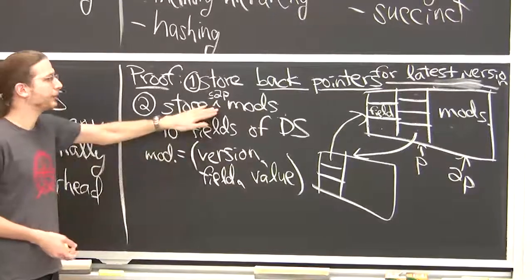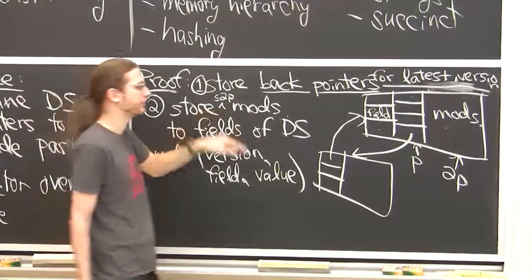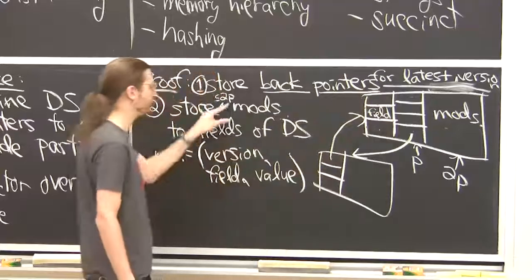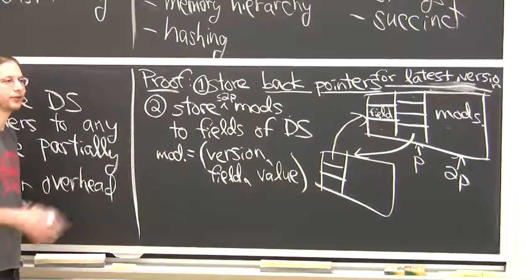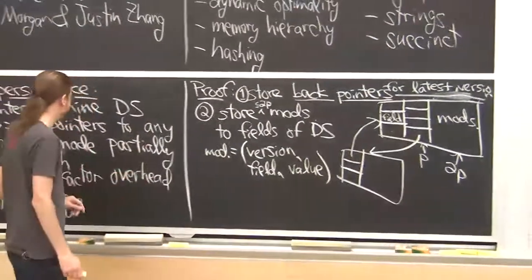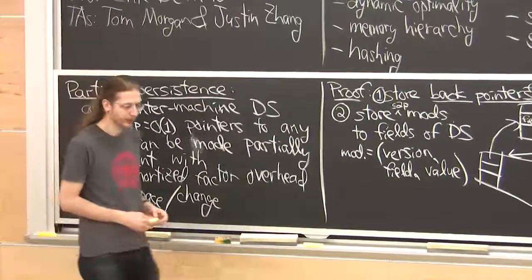There's a limit to how many: we can only store a constant number of mods to each node, and our constant will be 2p. Now it's just a matter of making this all work and analyzing that it's constant amortized overhead.